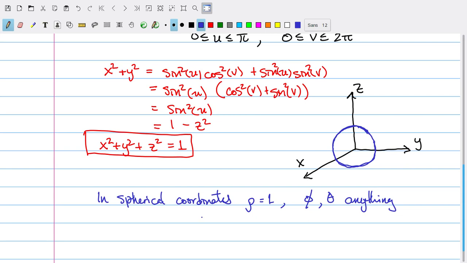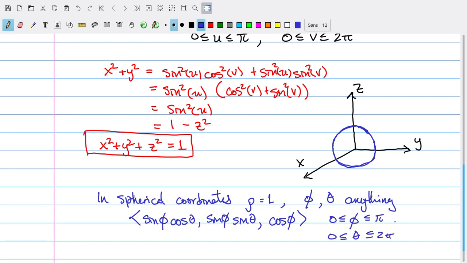So the corresponding points on the sphere are all of the form sine phi cosine theta, sine phi sine theta, cosine phi, as in the spherical coordinates, phi ranges between 0 and pi, and theta ranges between 0 and 2 pi. So this is exactly giving me the whole sphere because it's exactly how we describe the sphere in spherical coordinates.